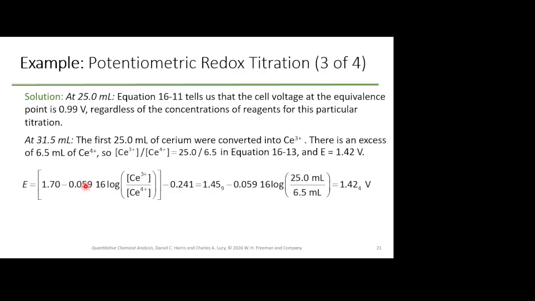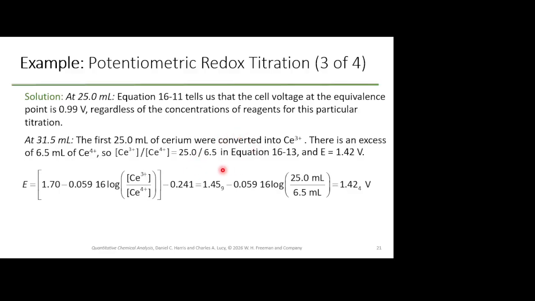Now, at 31.5 milliliters, we're going to be past the equivalence point, right? And so past the equivalence point, we're just looking at adding more Ce4+ to the existing Ce3+, right? And so what we're going to get here is a ratio of those concentrations. That's a 25 to 6.5 ratio.